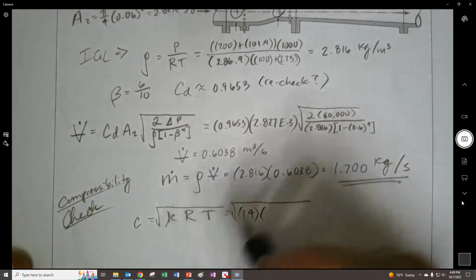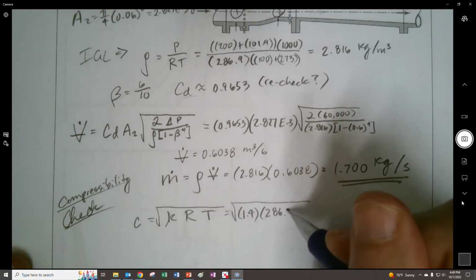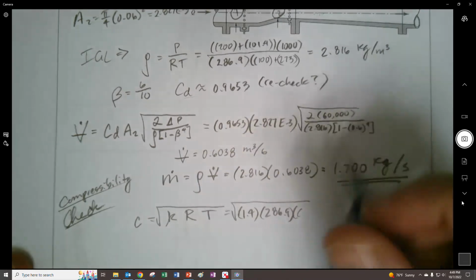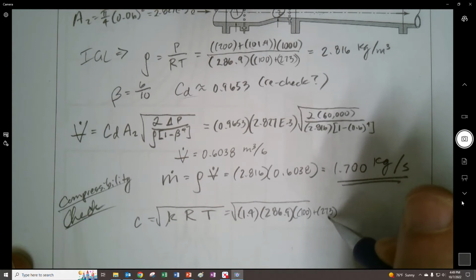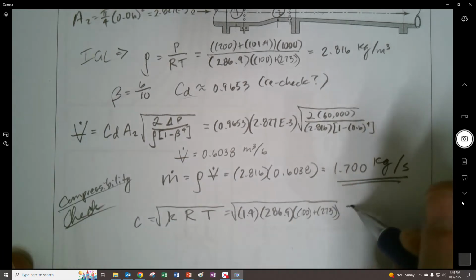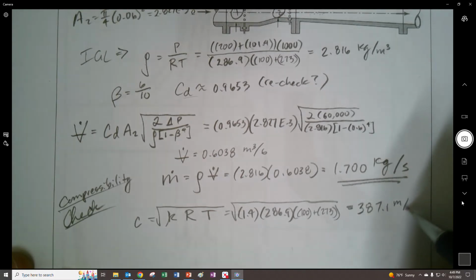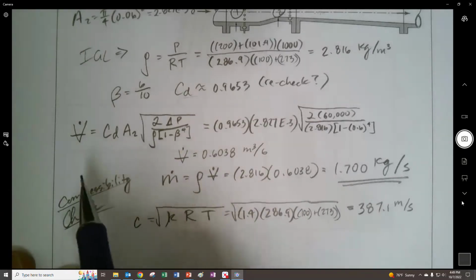You could get the R. We already used it up here, so we might want to check this too for the units working out. I'll leave that up to you. And once again, the temperature needs to be in Kelvin. So we get 100 plus 273, and that comes out to 387.1 meters per second.